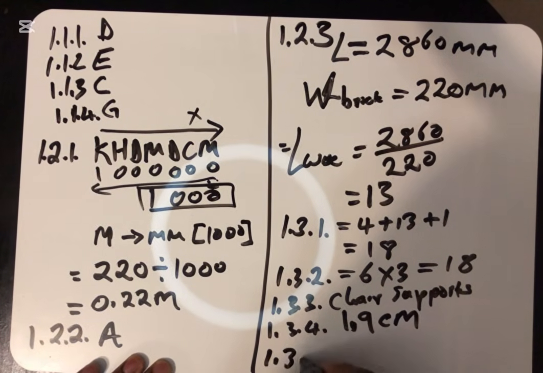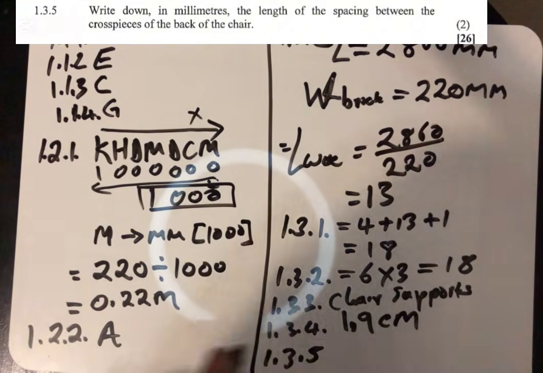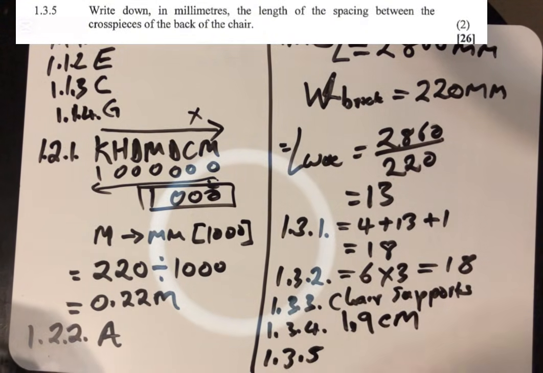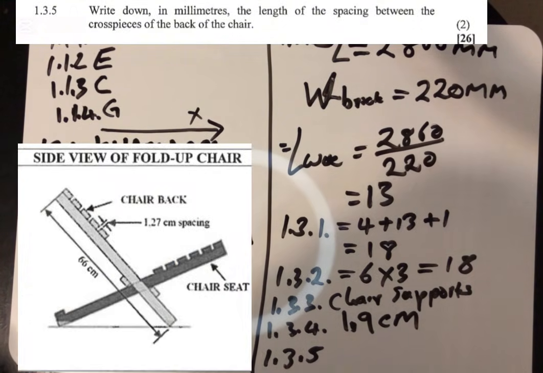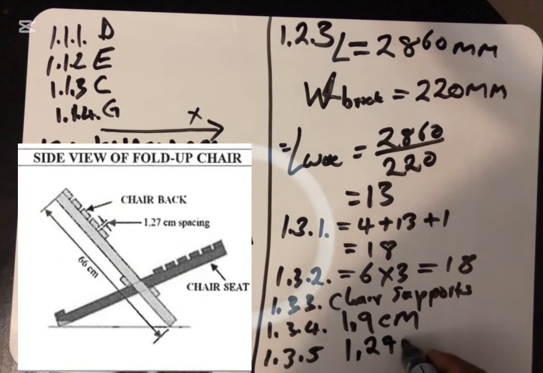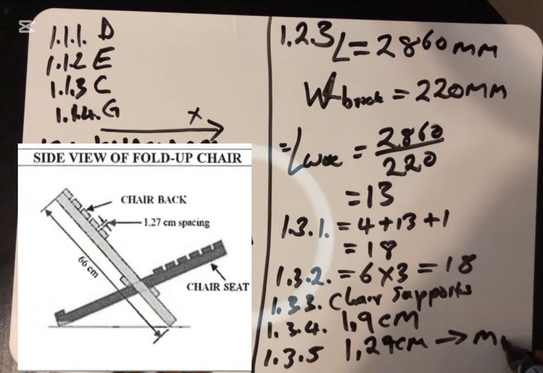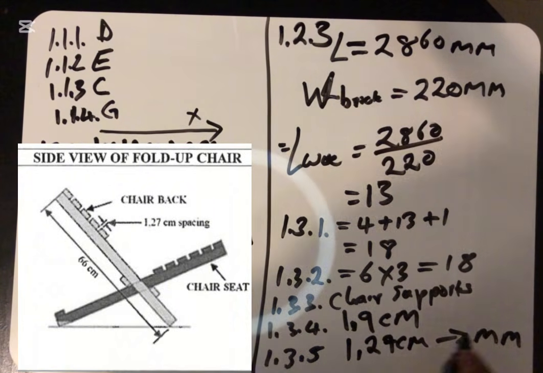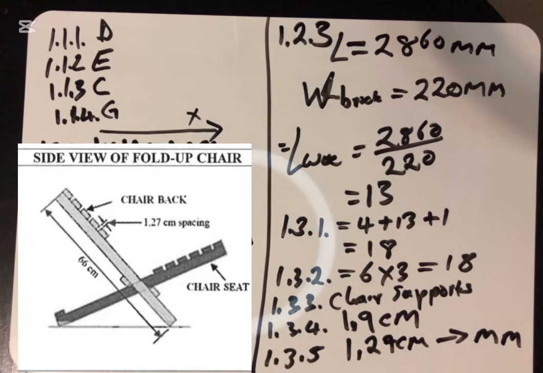Then 1.3.5. It says write down in millimeters the length of the spacing between the cross pieces of the back chair. So if you look here, the spacing that we are given is 1.27 centimeters. We must convert this to millimeters. That's what the question wants. And how do you convert centimeters to millimeters?